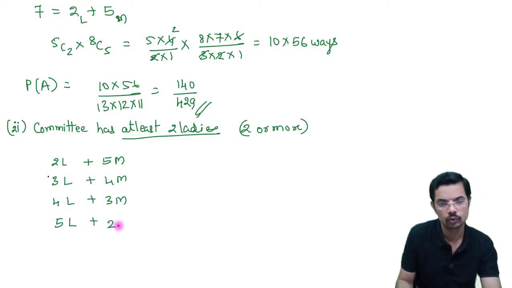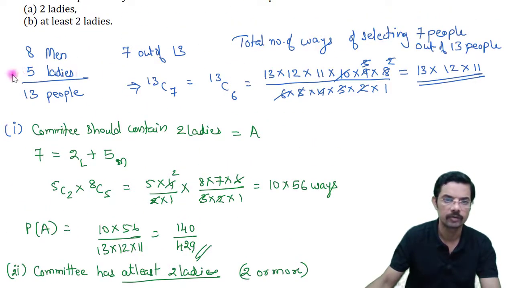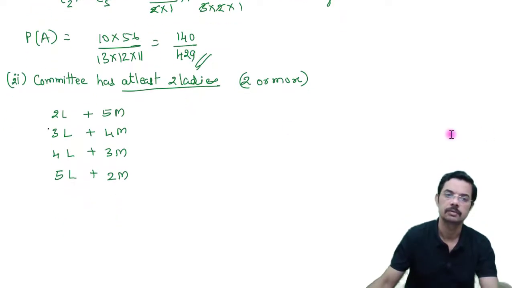These are the only possibilities, because at least 2, but there are only 5 ladies in total, so we can have at most 5 ladies.